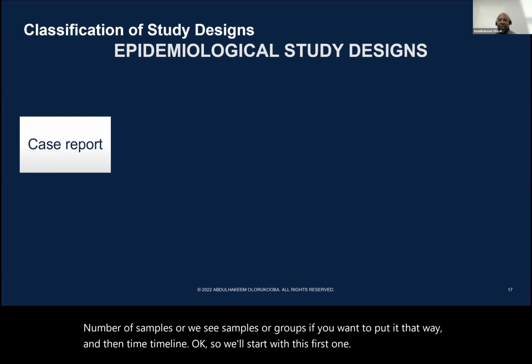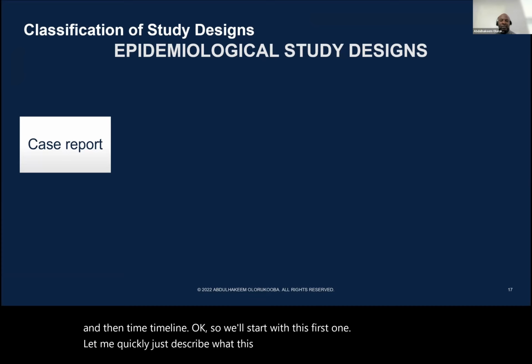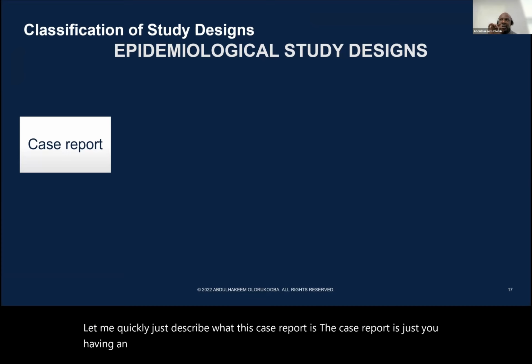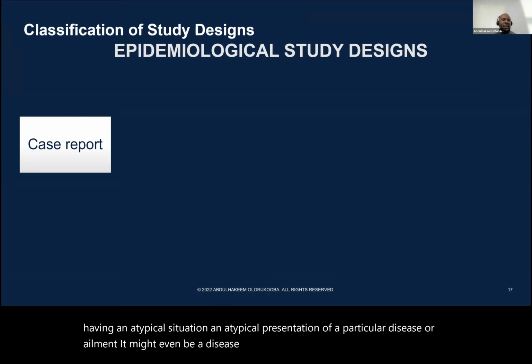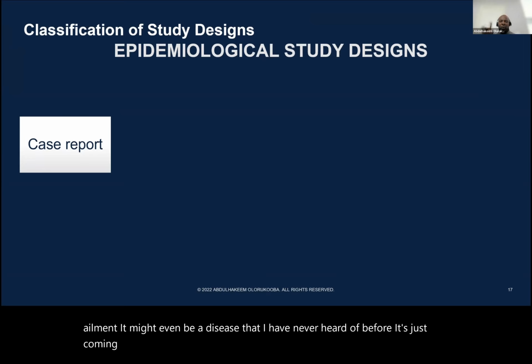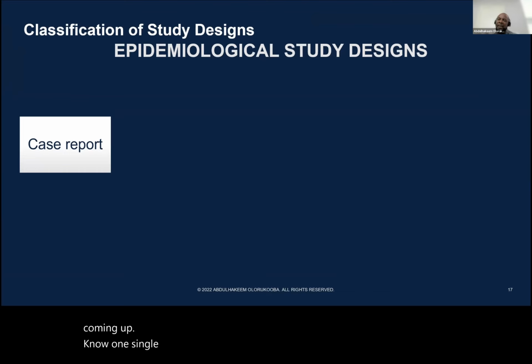Let me quickly just describe what this case report is. The case report is just you having an atypical situation, an atypical presentation of a particular disease or ailment. It might even be a disease that you have never heard of before. It's just coming up. One single individual comes up with an atypical presentation, and we study that one single individual.